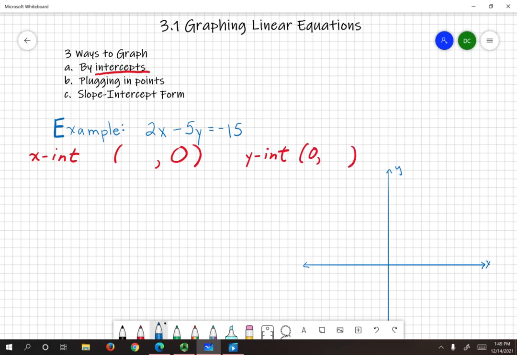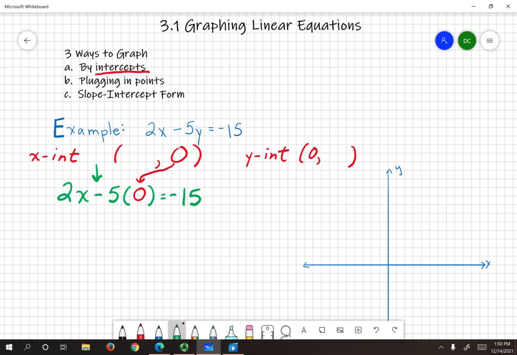So check out our equation. I'm going to try for the x-intercept first. So 2x minus 5y equals negative 15. But the x-intercept says, well, if you want to know where it crosses the x-axis, we don't want a y here. We want to put a 0 for y.